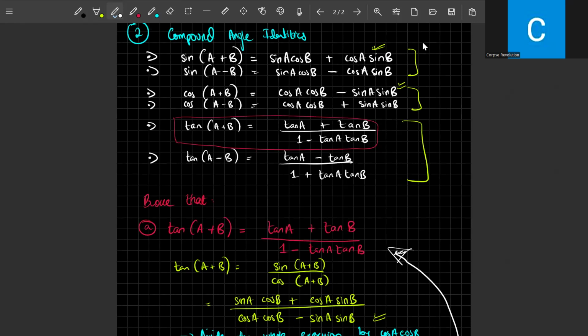Moving on, we have double angle identities. And by the way, we are going to do practice as well, in another video, part 3 of this video precisely. In this video, I'm just going to cover the major concepts, which are basic trigonometric identities, compound angle identities, and double angle identities.